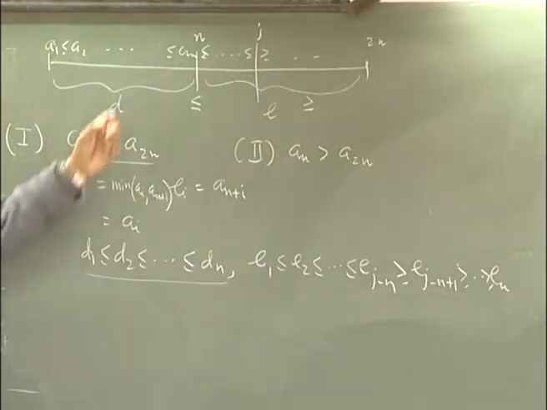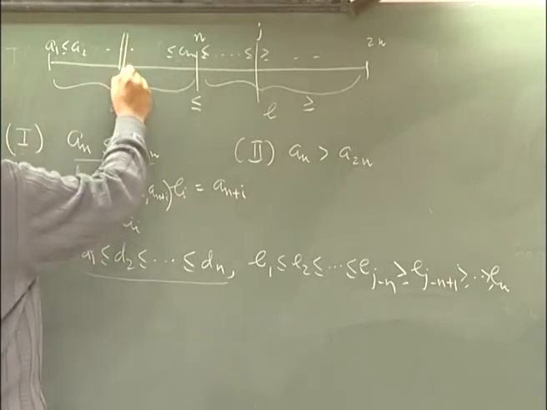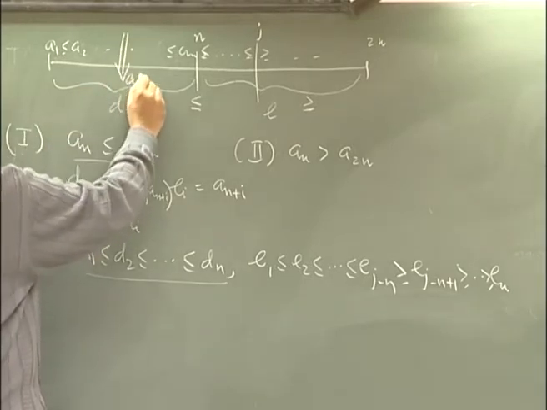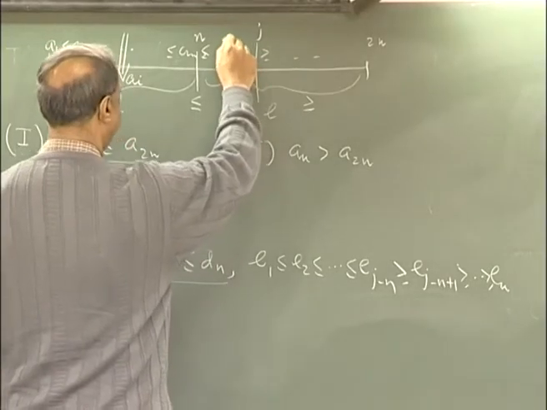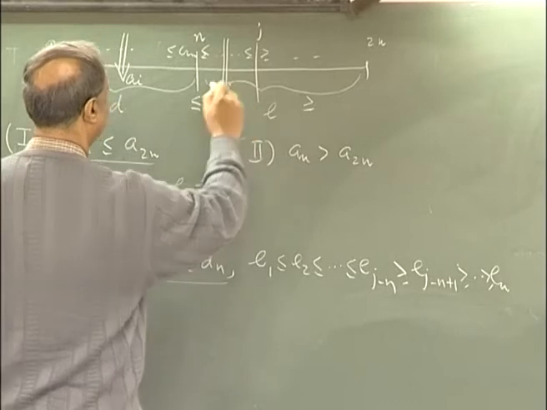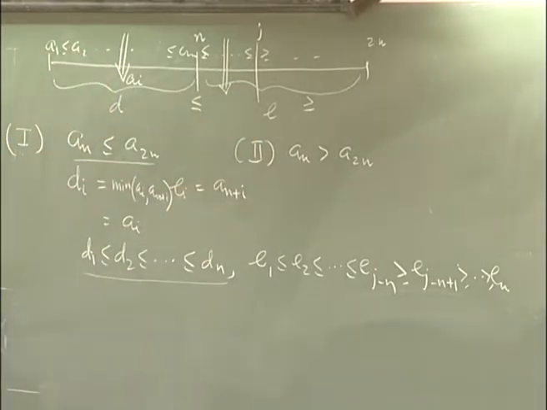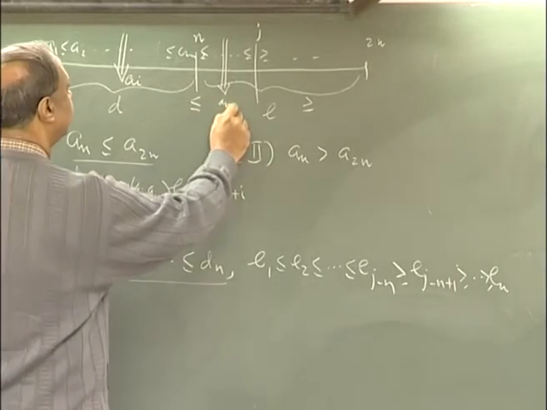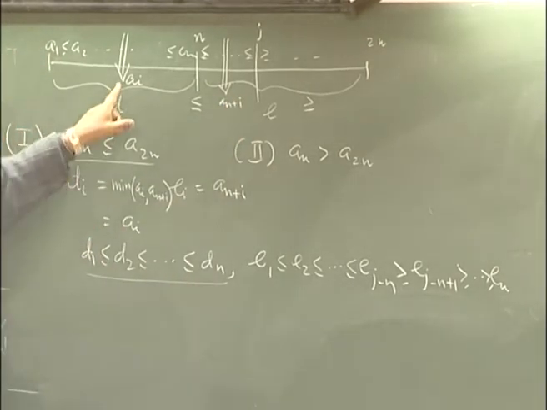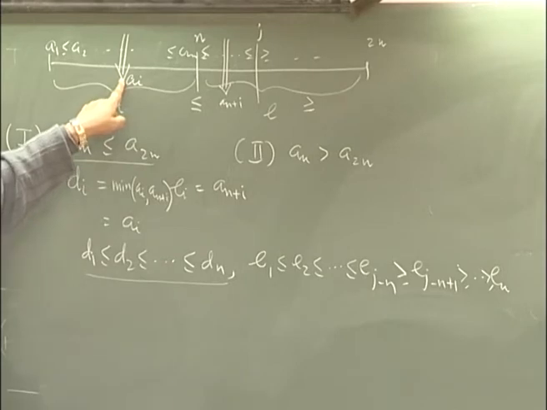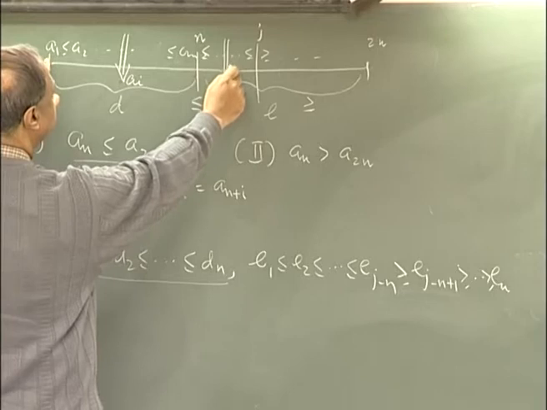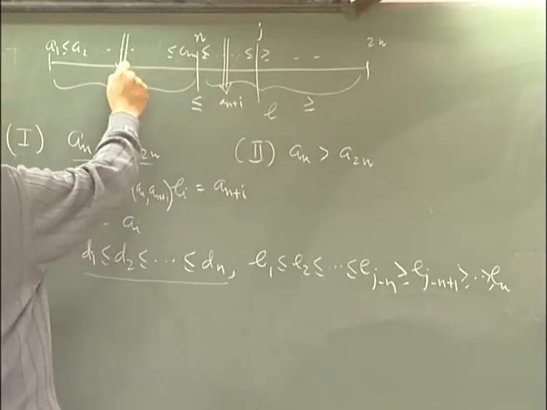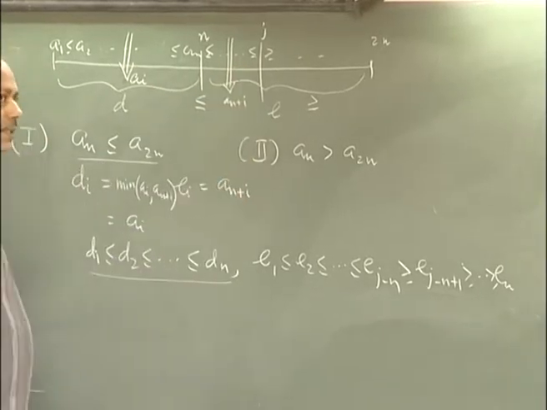Now this element is your Ai, and the corresponding element is maybe here, An plus i. Now if it is the case, this is larger than this one, so minimum becomes Di and maximum becomes Ei.